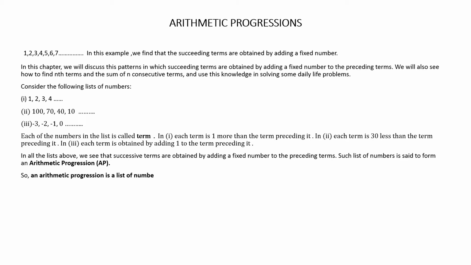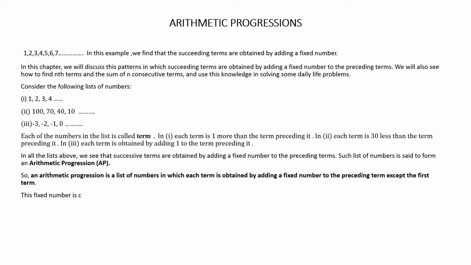So, an arithmetic progression is a list of numbers in which each term is obtained by adding a fixed number to the preceding term, except the first term. Be careful, except the first term, because the first number is any number. After that we can add a fixed number to the given term. This fixed number is called the common difference of the AP. Remember, it can be positive, negative or 0.